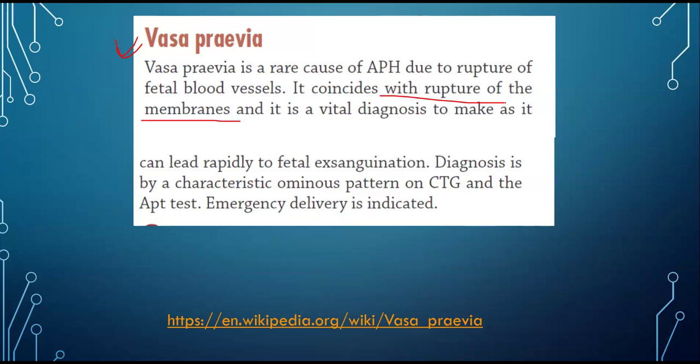When you tried an artificial rupture of membrane, somehow you also nicked the baby's scalp, and the baby's scalp has blood vessels, so the baby will present with bleeding. It coincides with the rupture of membrane. So with the rupture of membrane, if there is a bit of PV bleeding because of rupture of a fetal blood vessel, that's what we call vasa previa. In this patient, you will need an urgent C-section.